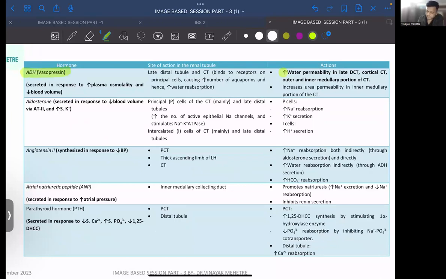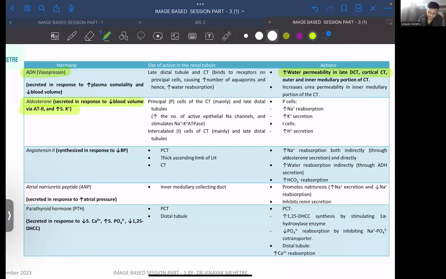For increasing water permeability in the DCT and collecting tubules. Then comes aldosterone. Pharma drugs act here, right? These are the hormones on which pharma drugs act. Aldosterone, what does it increase? It increases serum potassium. Serum potassium means where? In the blood.